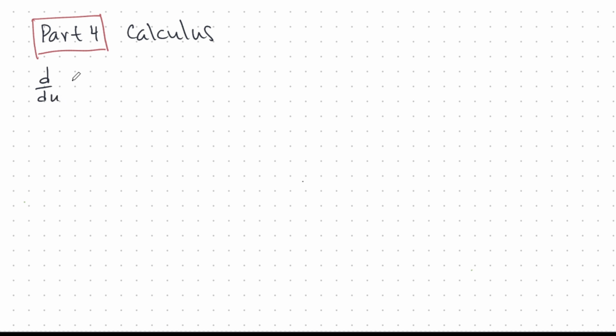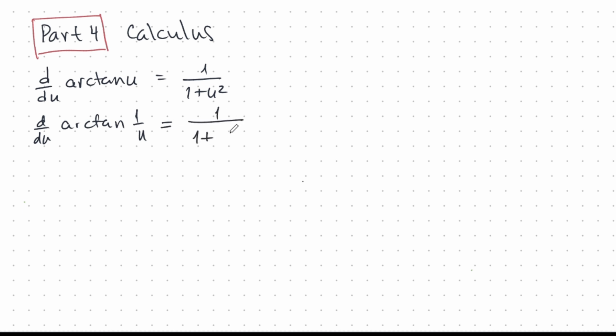d/du of arctan u, well, that's 1 over 1 plus u squared. And d/du of arctan 1 over u, well, I have to use the chain rule for this, and I'm sure you know how to use the chain rule, so I get something like this times the derivative of the inside, that's minus 1 over u squared.